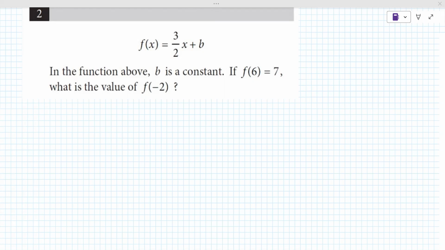B equals 7 in this one, right? How did you come up with that? As f of 6 equals 7. Okay. But again, tell me the steps, what did you do to actually figure that out?